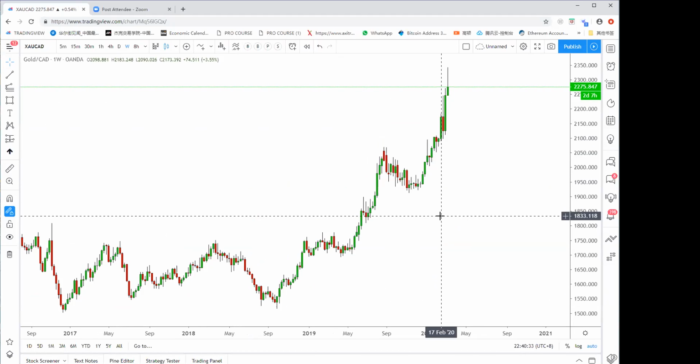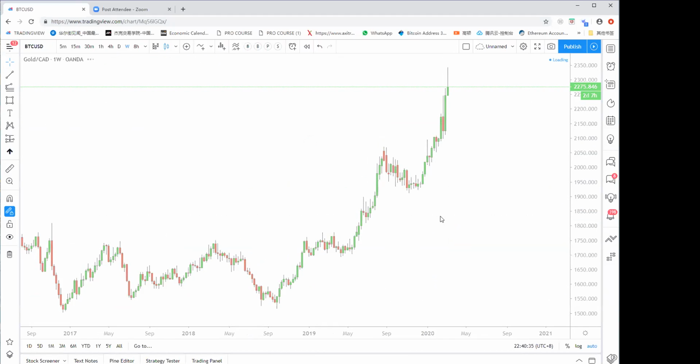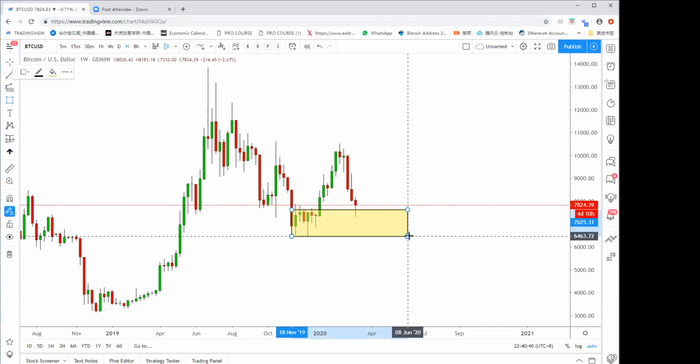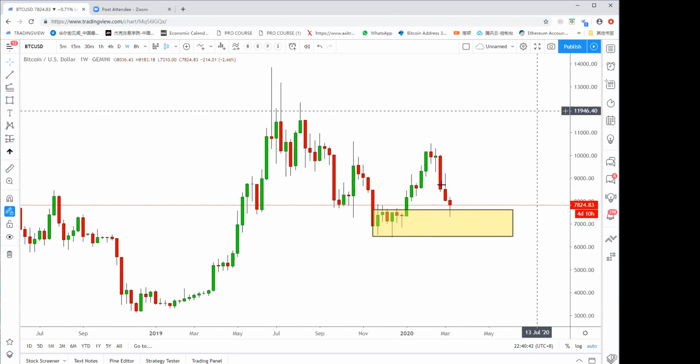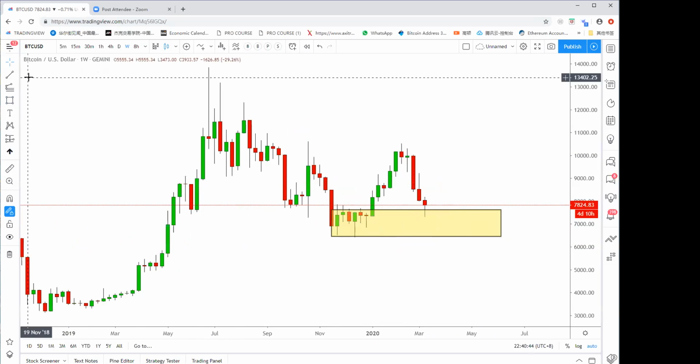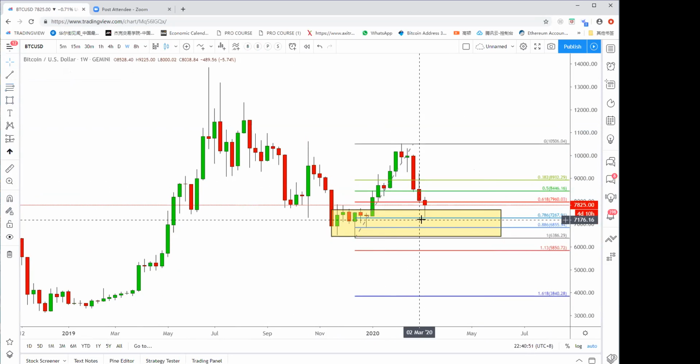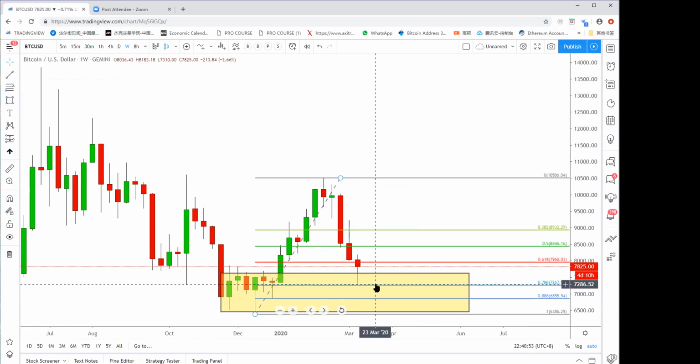All right, let's go to Bitcoin. Bitcoin is a good place to buy. Just 3 weeks ago, when I published that I want to buy from 7,900, it looks like people did not believe the truth that it may fall back to the 618 level. In fact, it touched the 76, right?